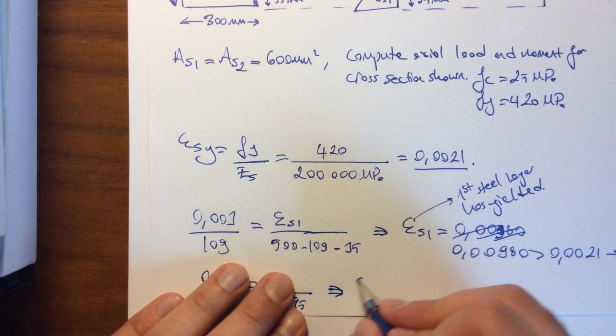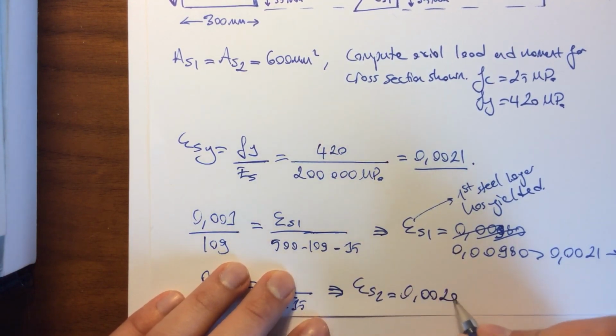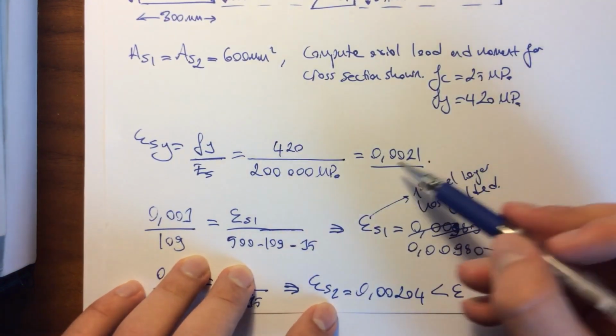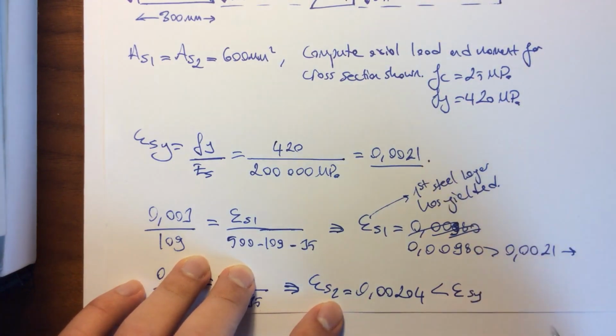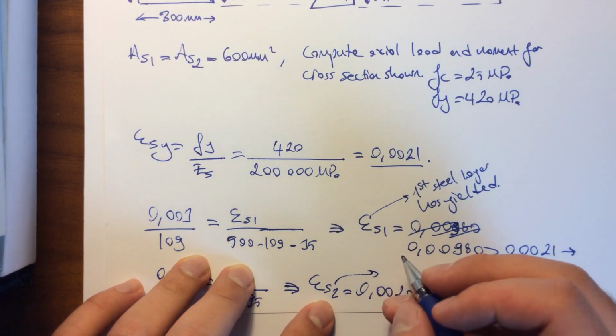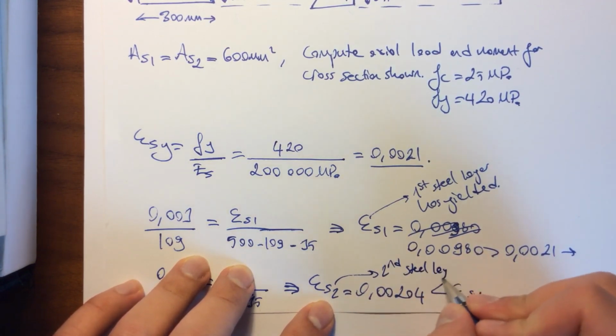We get ES2 as 0.00204, which is less than the yield strain of the steel, which is 0.0021. So this means the second steel layer has not yielded.